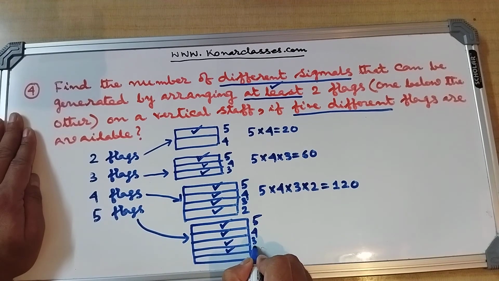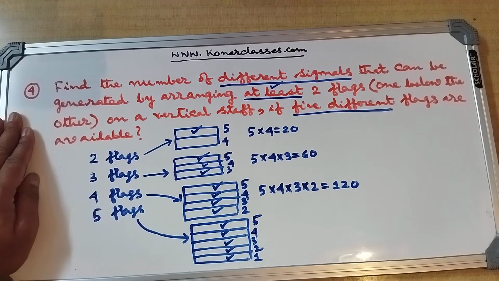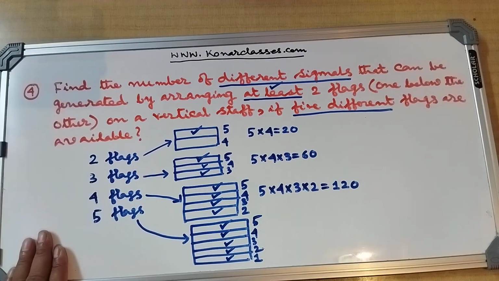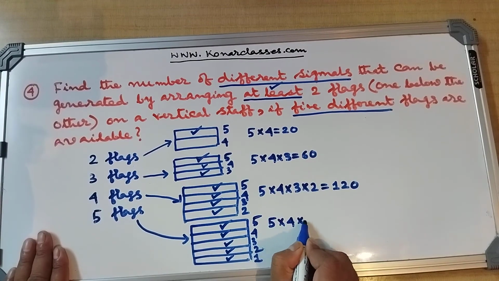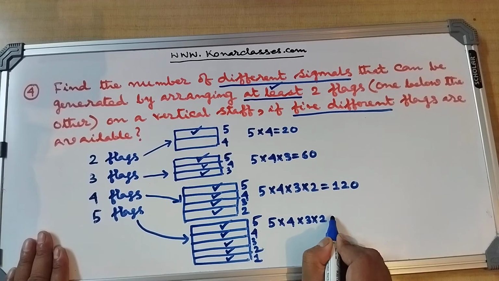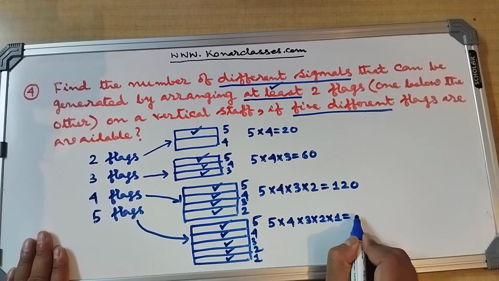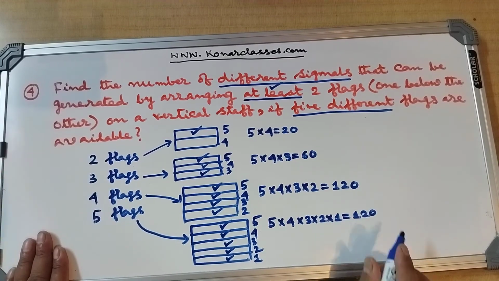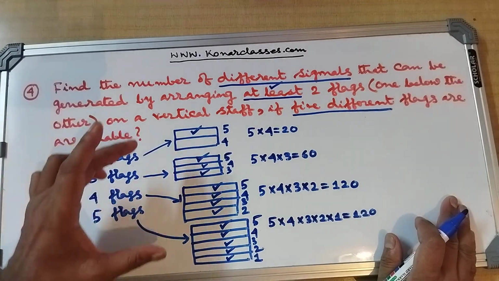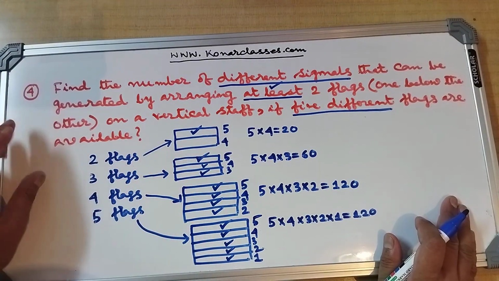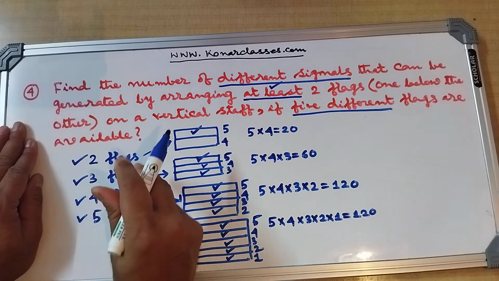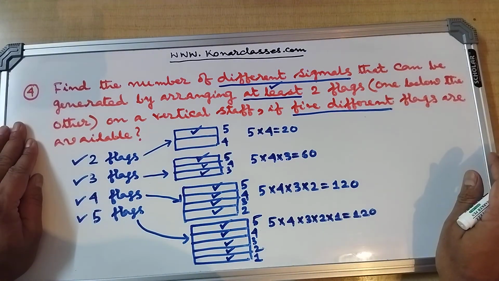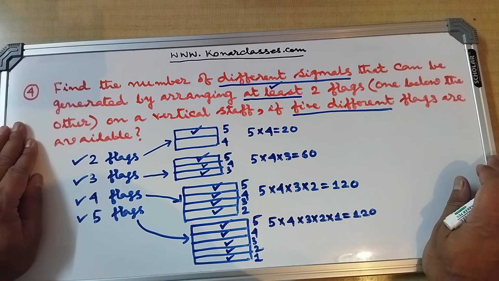The fourth place in 2 ways, and the last place in 1 way. So the required number here is 5 into 4 into 3 into 2 into 1, which is 120. So you see, dear students, in all these separate cases, 2 flags, 3 flags, 4 flags and 5 flags, independently we have used the principle of multiplication.